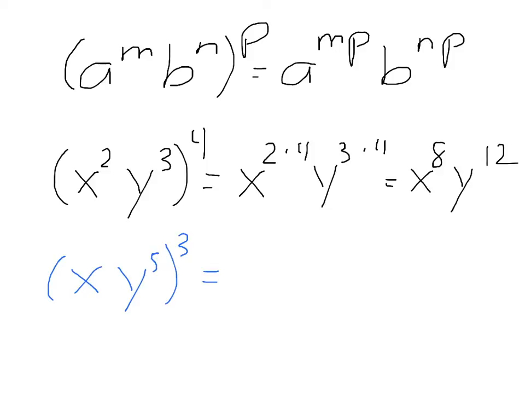Everything has an exponent, even if you can't see it. For example, the x has an exponent of 1. So this is really x to the 1 times 3, y to the 5 times 3, or x to the third, y to the 15th.